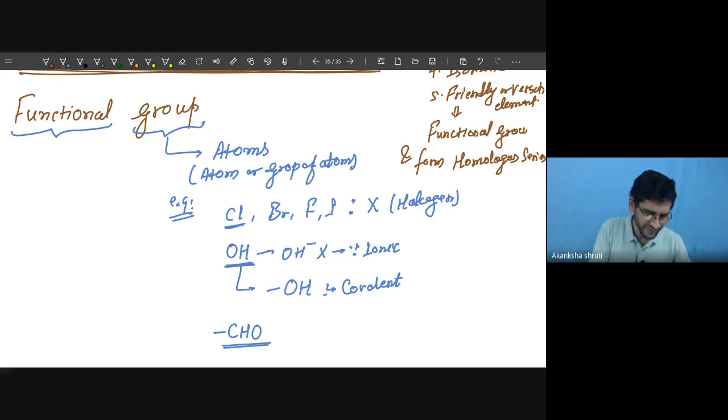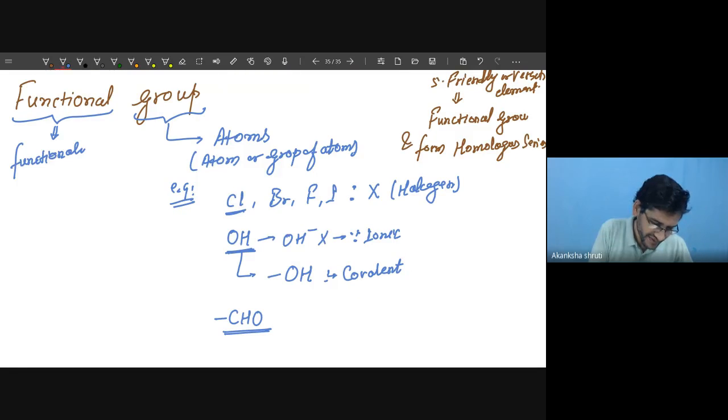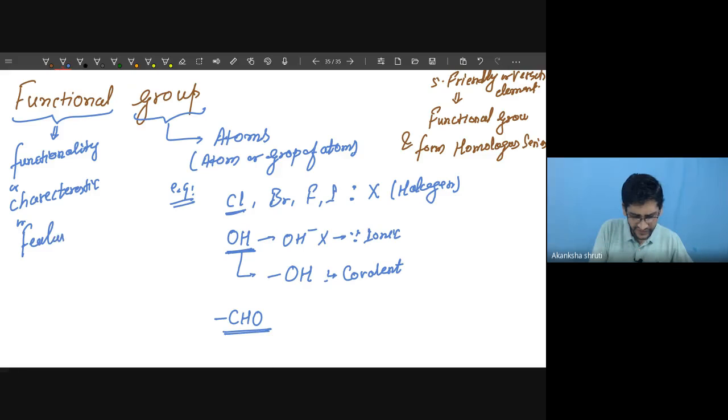So it decides the functionality, characteristic, feature, or simply the nature.